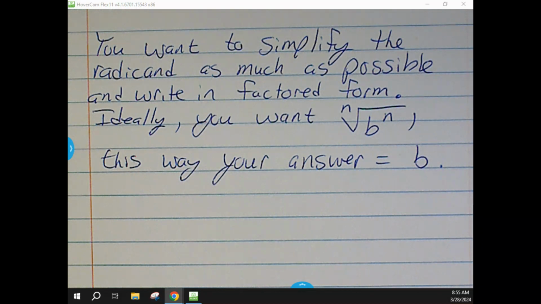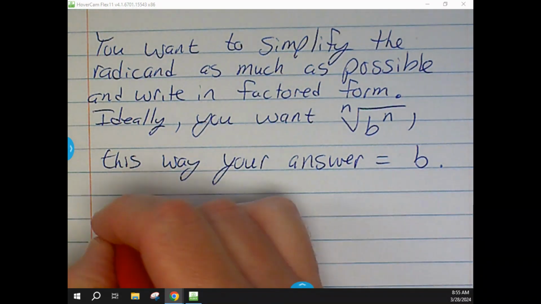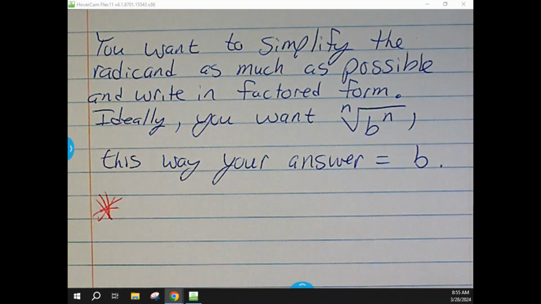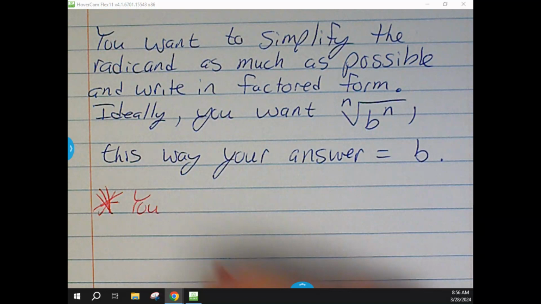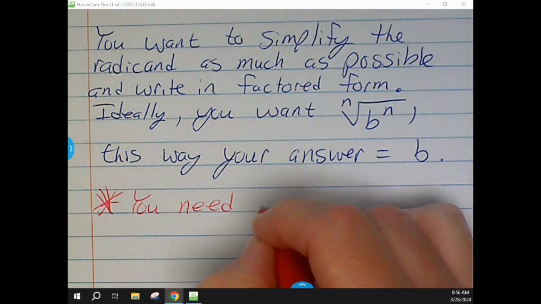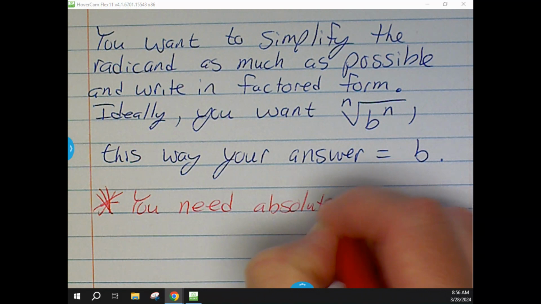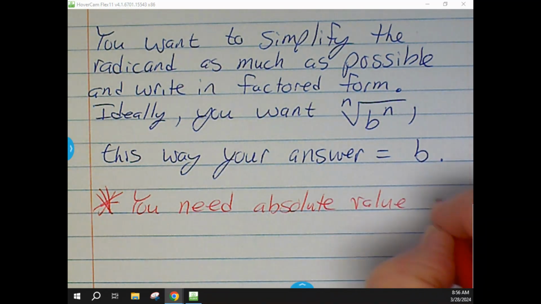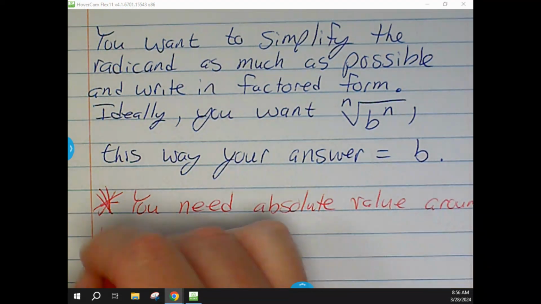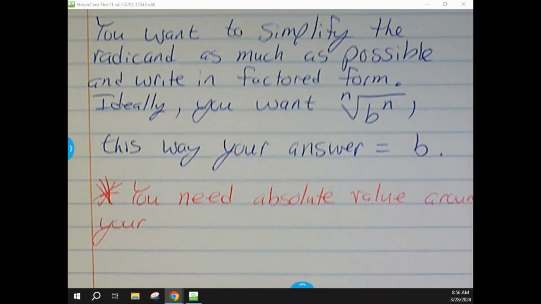Now there's one little detail we've got to get through today. This is the part that will be a little less fun, but 95% of everything else will be really easy. The one little detail you've got to be careful of is that if you get finished working through a problem, you need an absolute value symbol. This is one little thing you've got to look out for.